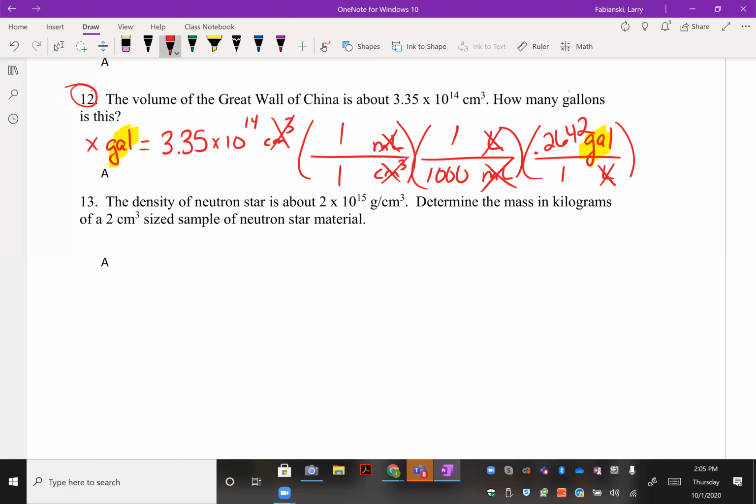Remember, when entering this into your calculator, you're using the exponential button. 3.35 times 10 to the 14th times 0.2642, and then we would divide that by 1,000. Rounding correctly to 3 sig figs, we get 8.85 times 10 to the 10th gallons.